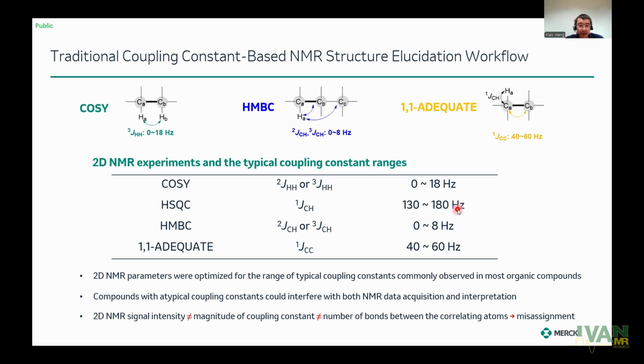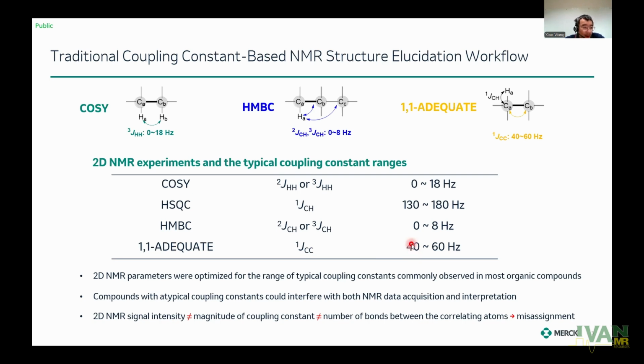Similar for HMBC and 1,1-ADEQUATE. For HMBC, strong signals usually indicate either a 2-bond or a 3-bond HMBC. For 4-bond and longer range HMBC, the coupling constant is less than 2 Hertz. And for 1,1-ADEQUATE, where sensitivity is really crucial, we usually set the 1-bond carbon-carbon coupling between 40 and 60 Hertz to maximize sensitivity.